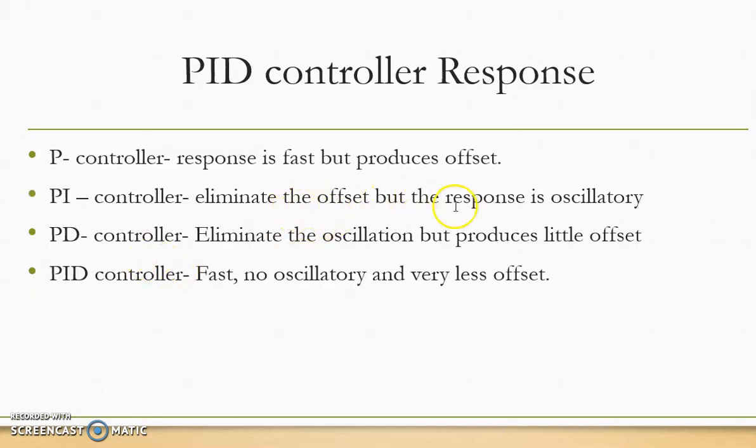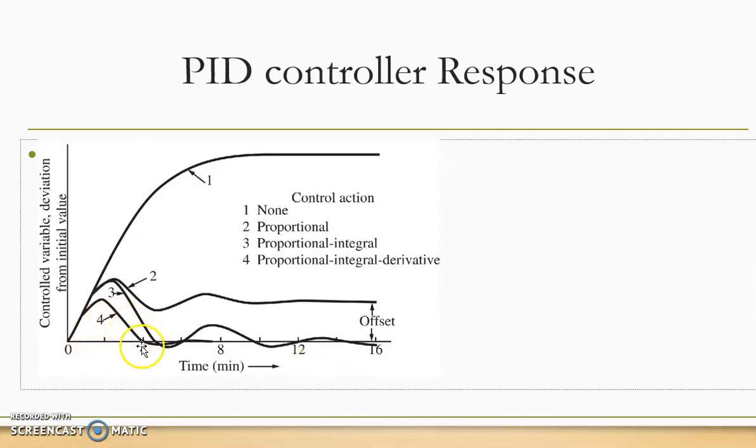PID controller will eliminate the oscillation and produce little offset. It is fast, non-oscillatory and has very little offset. As you can see, for the PID controller, curve number 4, it is almost non-oscillatory, fast, reaches the response very quickly, and has no offset.